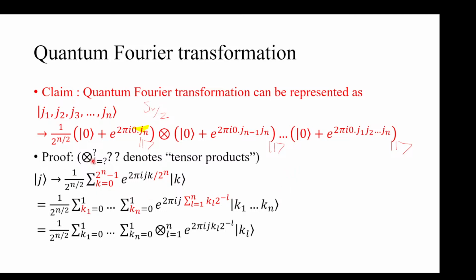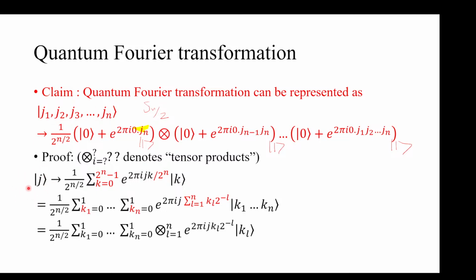And so here we have a notation that has this big tensor product symbol. Okay, so we have this big circle-times notation to mean that we tensor product a whole bunch of things together. Okay, and so we start doing our quantum Fourier transform by definition.